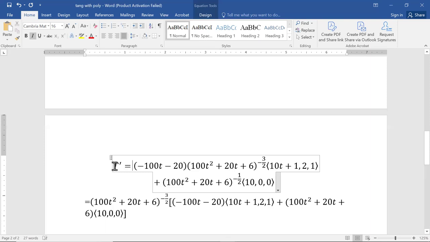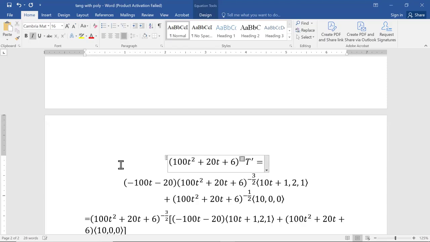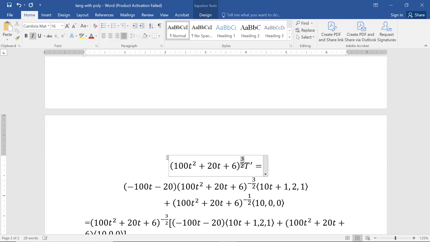And I could have just multiplied this entire vector by 100t squared plus 20t plus 6 to the positive 3/2 power.